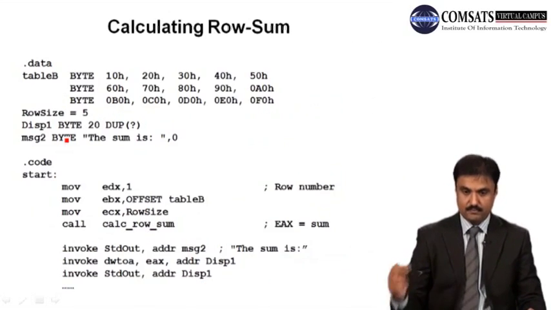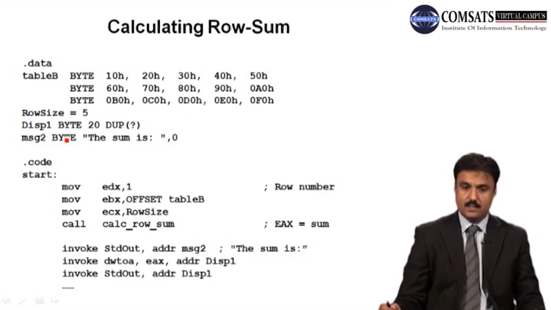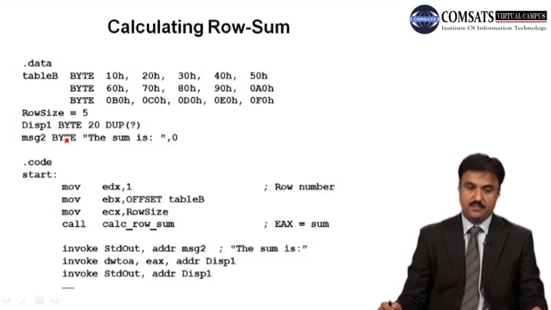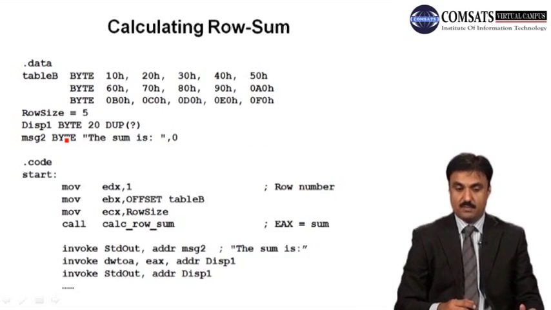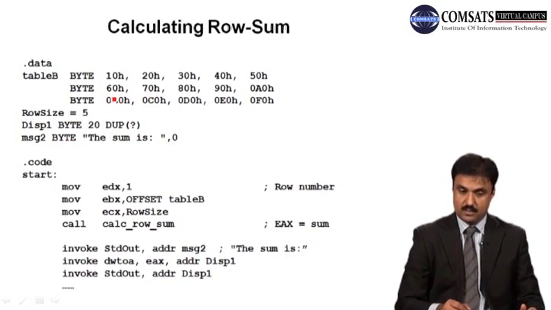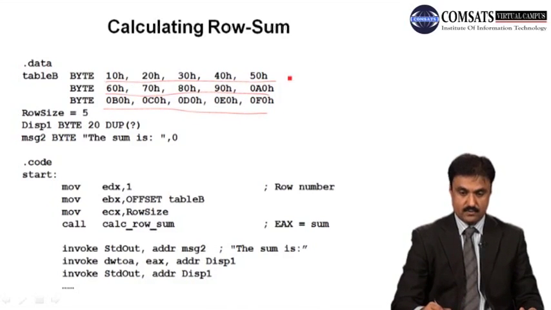However, we will move to an example like calculating the row sum, and this should be very easy. If we want to calculate the sum of any of the rows, for example row 1, row 2, and row 3, their indexes should be 0, 1, and 2.